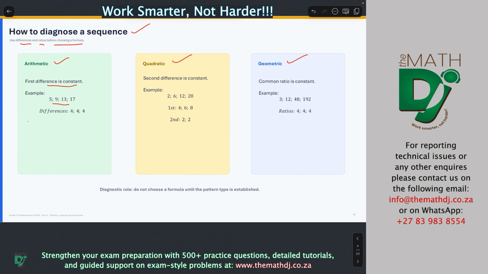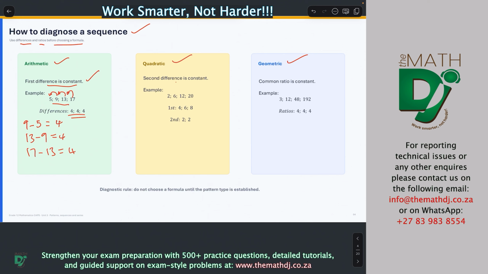For example, 9 minus 5 is 4, 13 minus 9 is 4, 17 minus 13 is 4. When you see that there is a constant difference, then you know it's arithmetic.